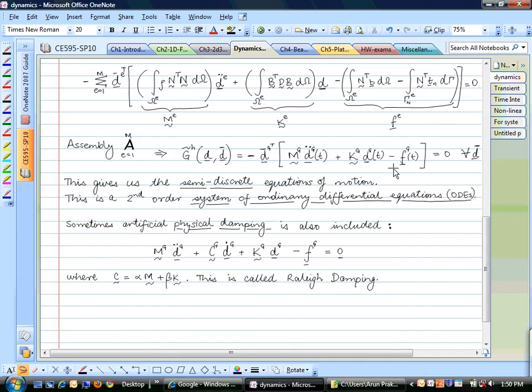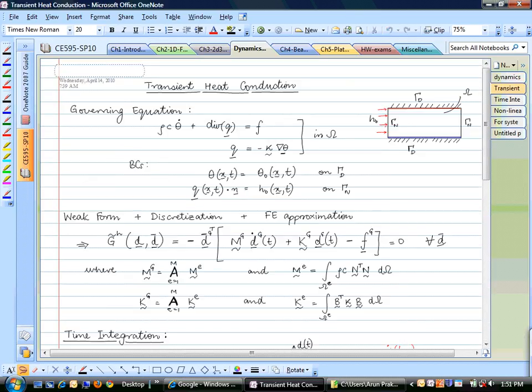And does anybody know, if you've taken any course maybe in second year or third year undergraduate, how to solve ordinary differential equations with numerical methods? Maybe this is familiar to some of you, but let's first take a look at a simpler problem, which is a first order ordinary differential equation.